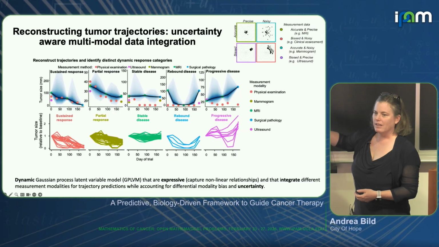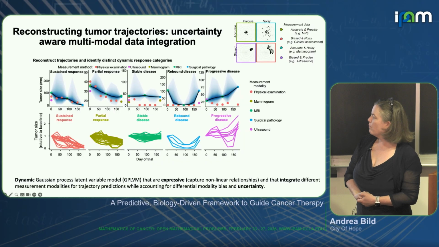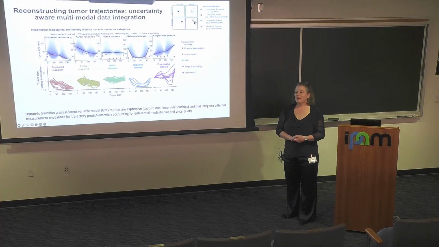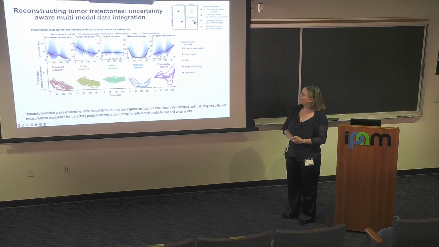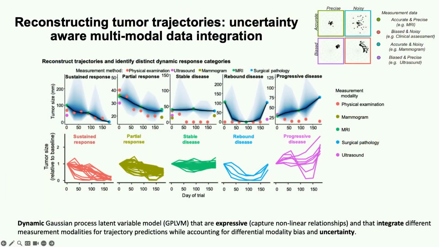That's the variation in the Gaussian, the GPLDM. The top is from the model, but it also has the data overlaid. The black line is the average from the model, and the data is the dots laid over top of that model. The uncertainty is the blue.